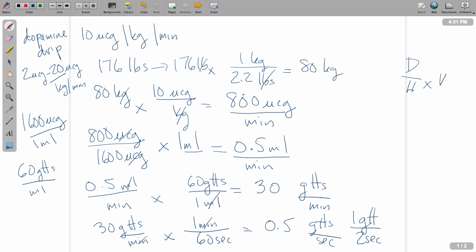We then calculated the total number of micrograms that we had to administer per minute. We then figured out how much volume per minute that translated into. Then we converted that into the number of drops per minute, so that volume is then converted to drops. And then we wanted to figure out how many drops per second. And so we're going to give 1 drop every other second, every 2 seconds. So this is one way of calculating that.